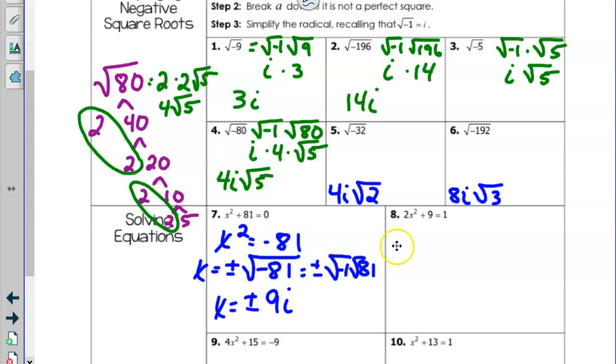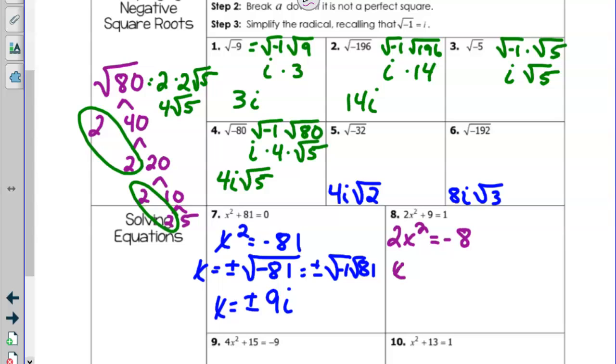All right, let's do number 8. What's my first step with number 8? Separate or subtract, right? I see what you're saying now. So we have 2x squared. What will 2x squared equal? Negative 8. Now what should I do? Very good.